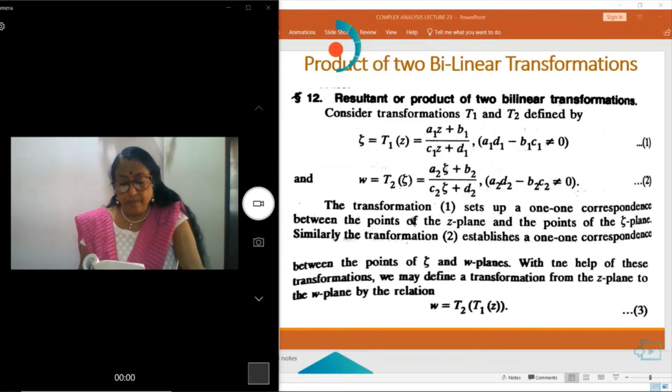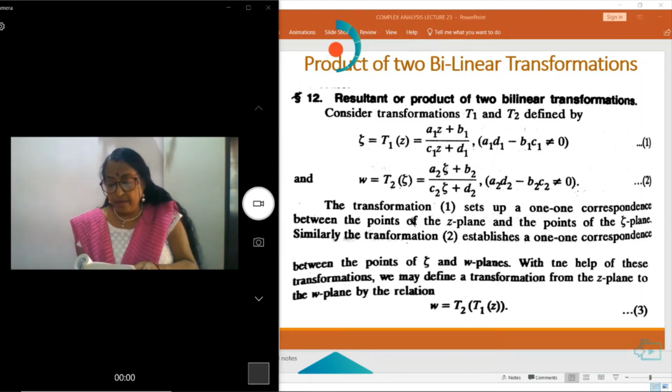With the help of these transformations, we can define a transformation from the Z plane to the W plane. We may write it as W is equal to tau 2 of tau 1 z. Now, tau 2 of tau 1 z is equal to tau 2 applied to tau 1 z.